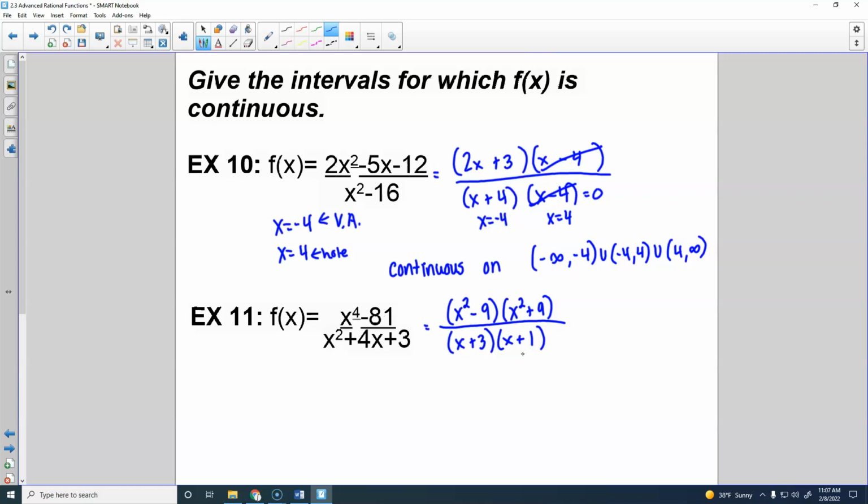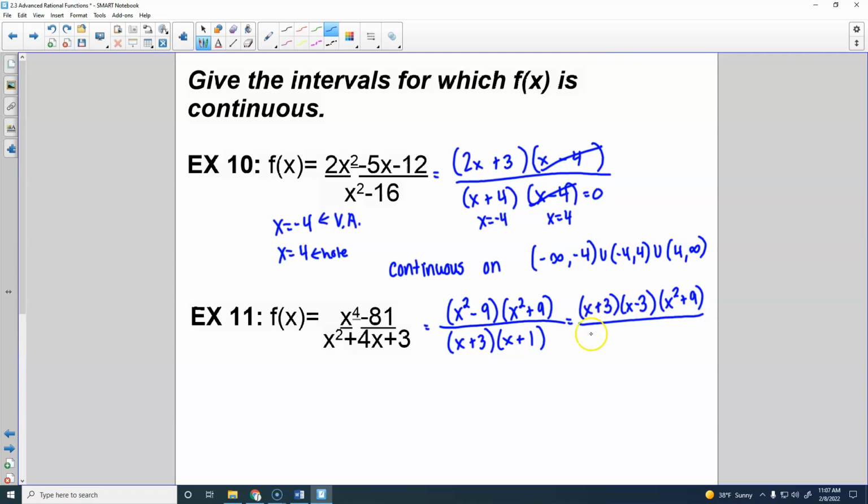Now, it looks like nothing cancels at this point, but is there anything I could factor further in the numerator? I could do that x squared minus 9. I could do x plus 3 and x minus 3. Now, the x squared plus 9, I can't split it up because it's a sum of squares. You have to have a minus sign for it to break apart.